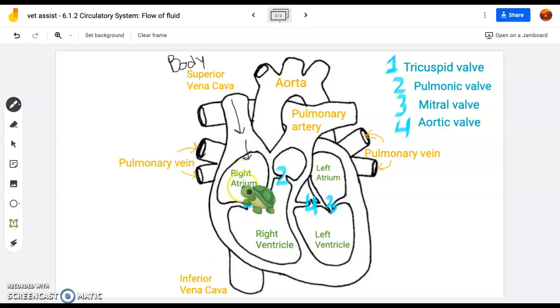It then comes from my right atrium through that tricuspid valve into the right ventricle. From my right ventricle, it flows up through my pulmonic or my pulmonary valve into my pulmonary artery. From the pulmonary artery, it flows away from my heart and into my lungs. Okay.